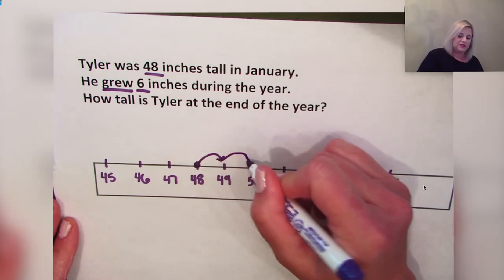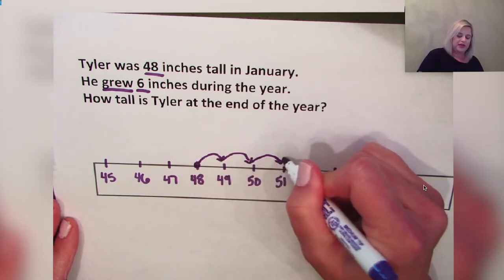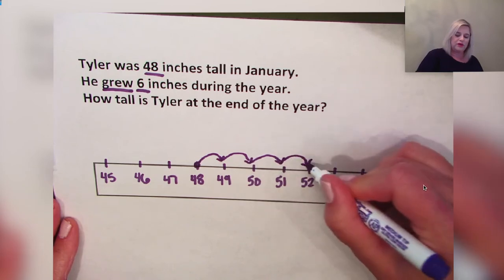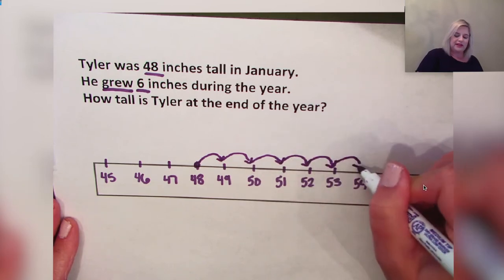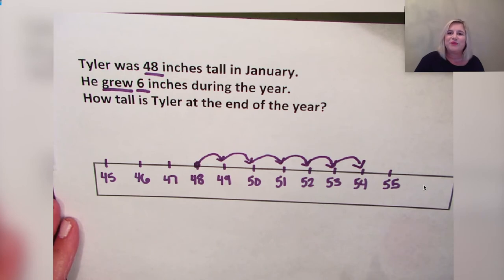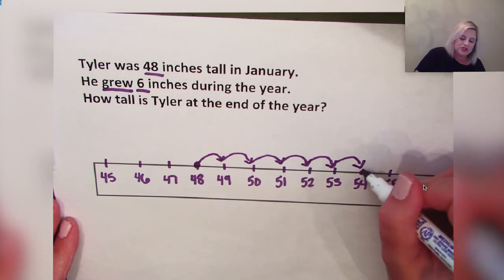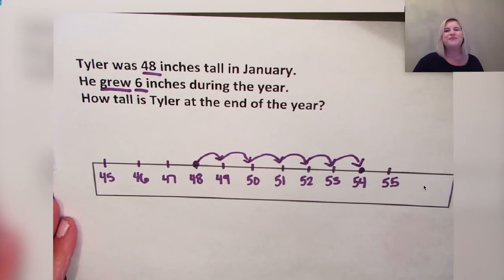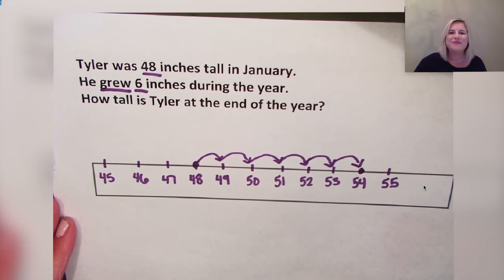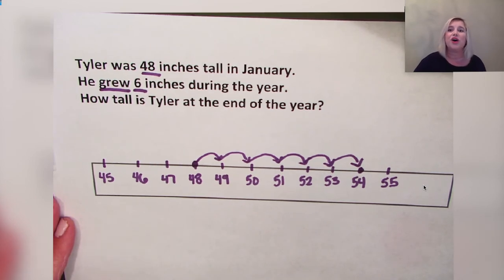1, 2, 3, 4, 5, 6. Very good, boys and girls. Where did we land? 54. Does your model look like mine? Awesome job. So now I want you to go ahead and write an equation that matches our model.